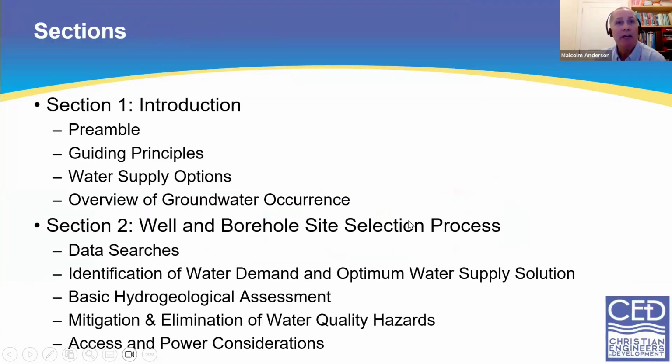As Mike has said, it's going to be in two sections. The first one contains some background, so guiding principles, and a discussion on water supply options, and in particular an overview of groundwater occurrence, because it's very helpful to know what kind of groundwater environment you're in. Some environments, if you aren't a hydrogeologist, you will need assistance, and so it helps if you can recognize that.